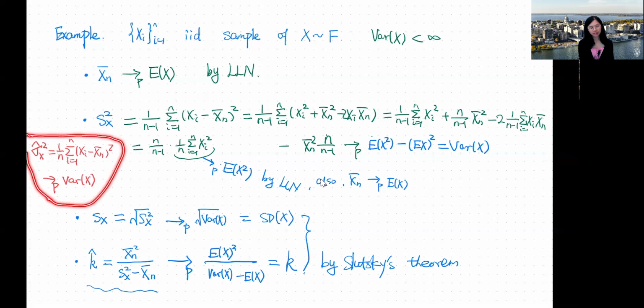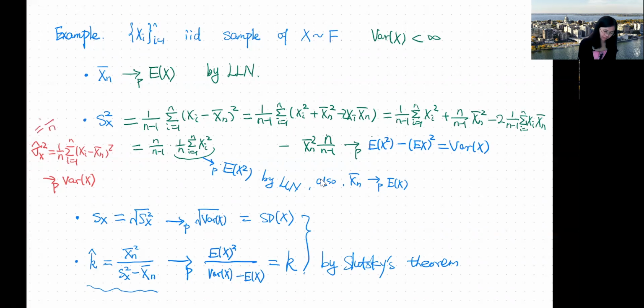You can show that by going through the same arguments, or you can just realize this is a function of Sx squared. So this is n minus 1 over n times Sx squared. And because Sx squared converges to the variance of x, and n minus 1 divided by n converges to 1, therefore that also converges to the variance of x in probability.